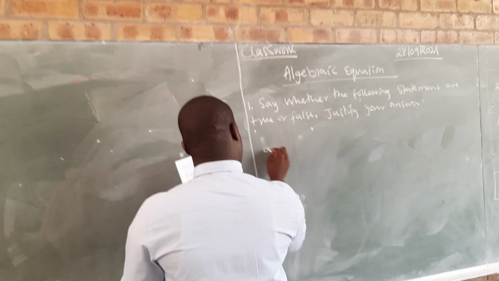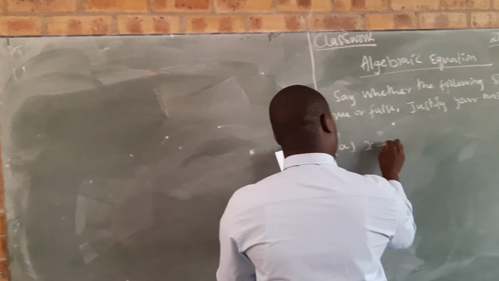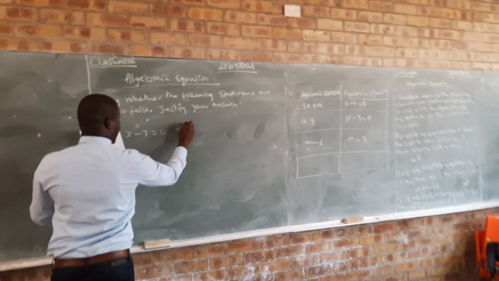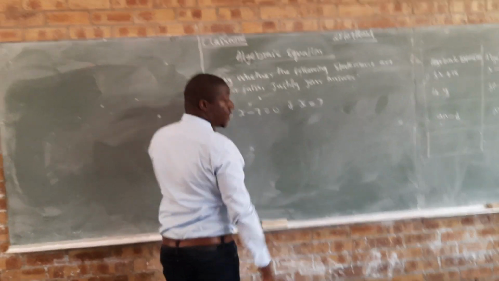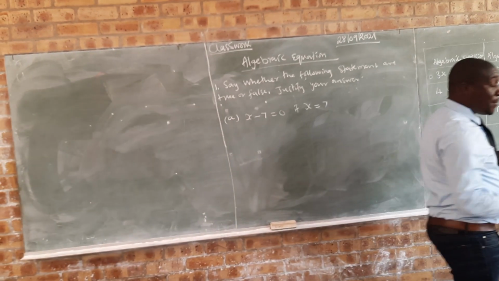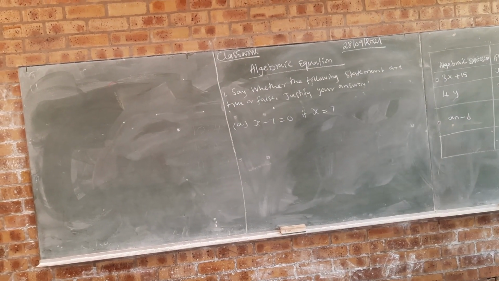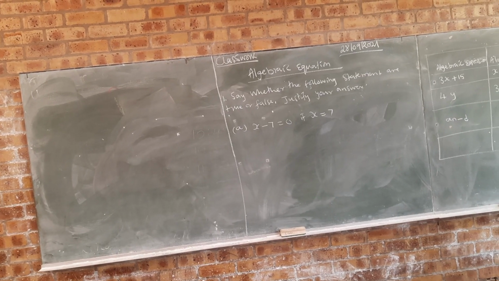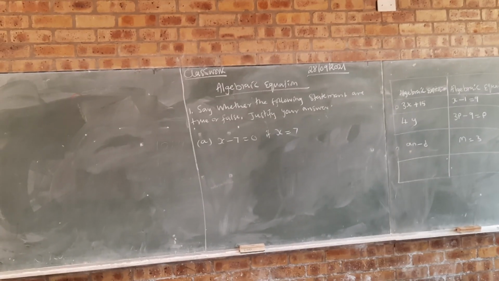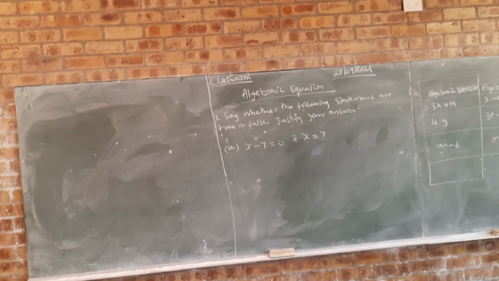So number A, we have x subtract 7 equals 0 if x equals 7. Is this true or false? Remember, the equal sign means that both sides are equal. If we substitute x by 7, will we get 0?